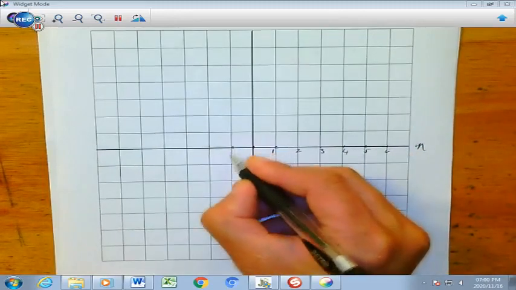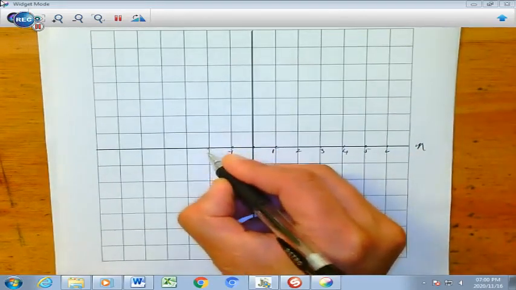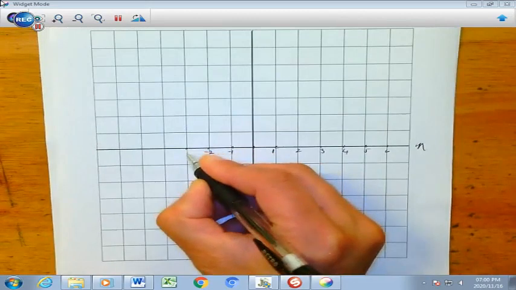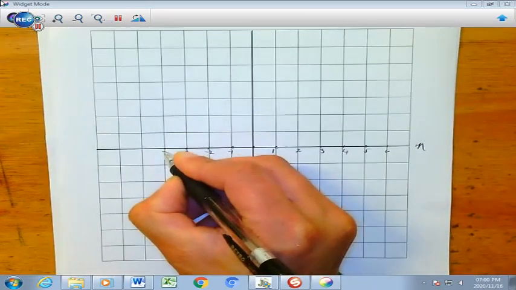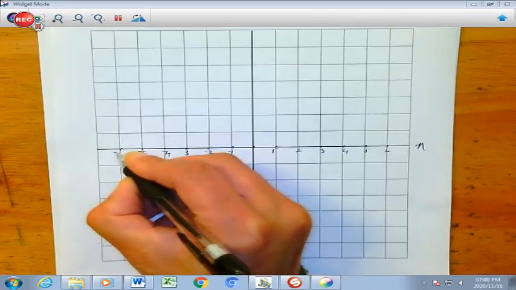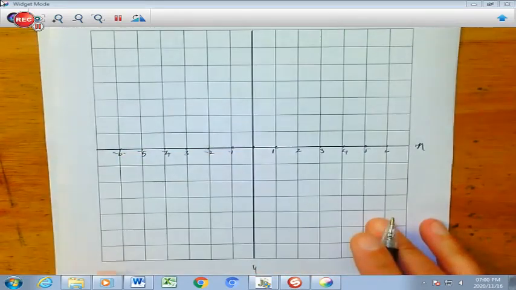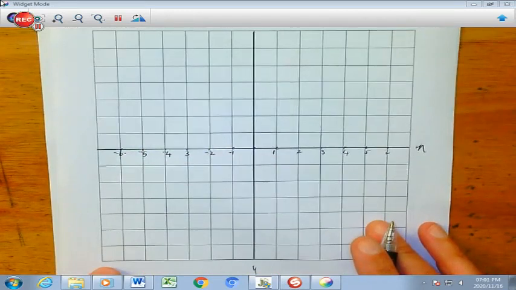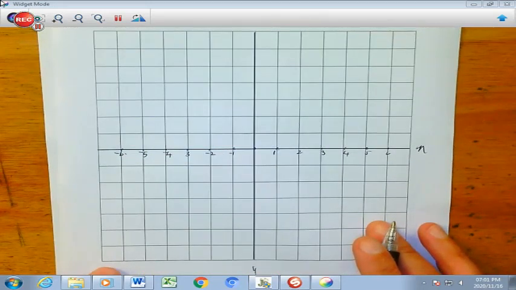And the same thing, negative to this side, negative 1, negative 2, negative 3, negative 4, negative 5, and negative 6. That's very important.